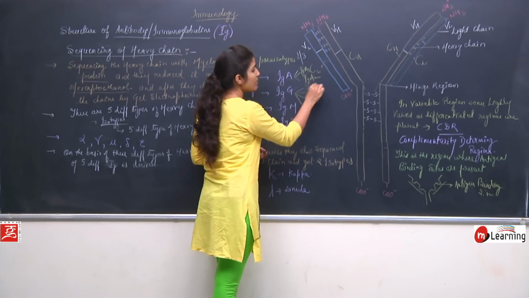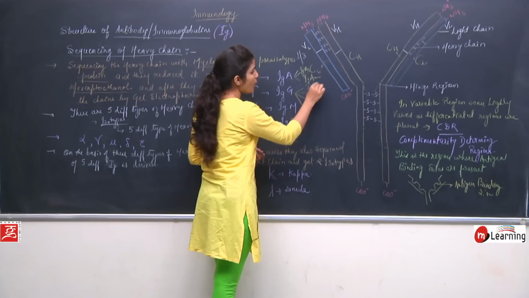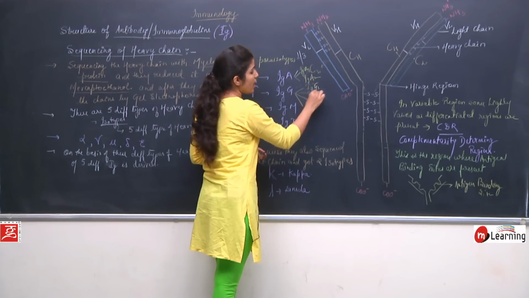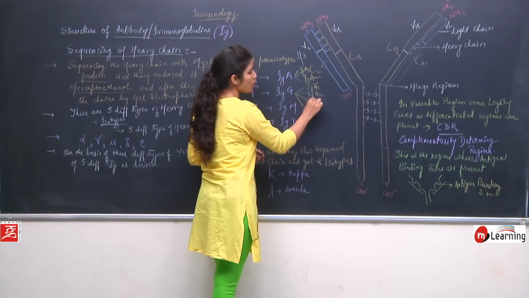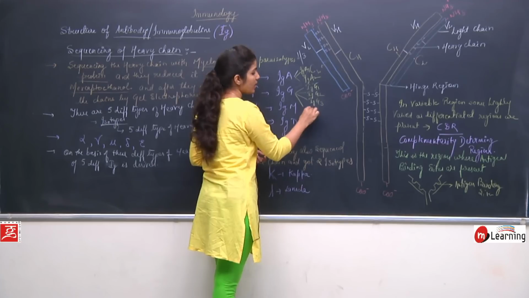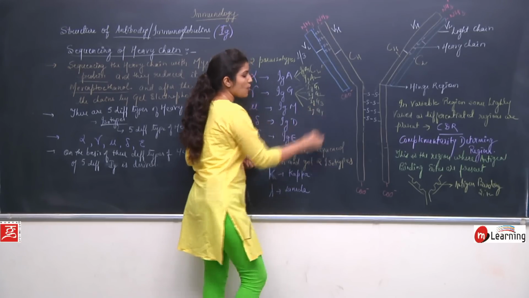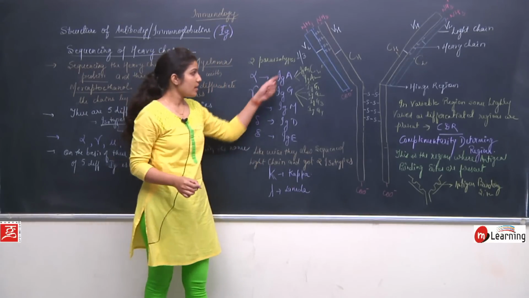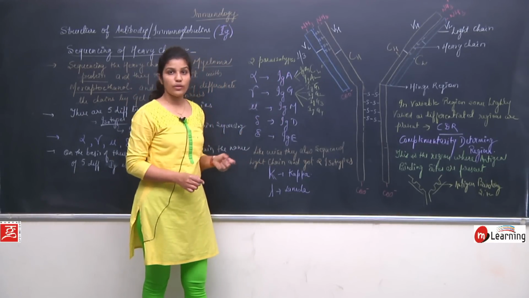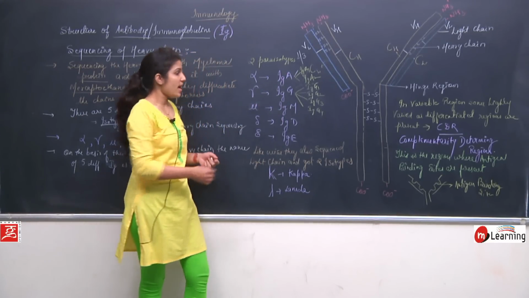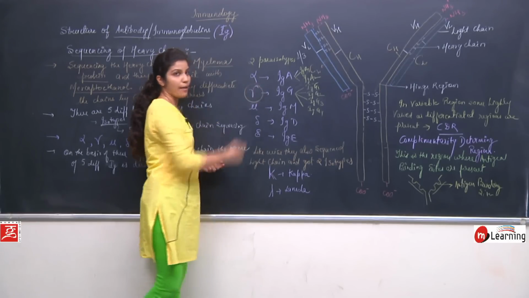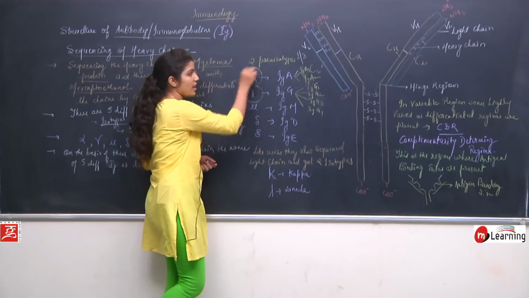They gave the names IgG1, IgG2, IgG3, IgG4.